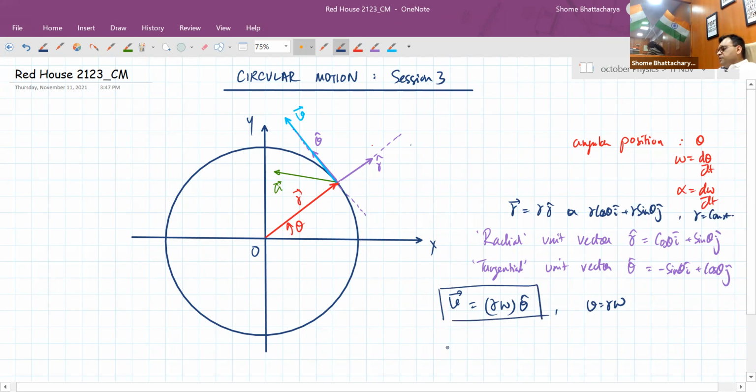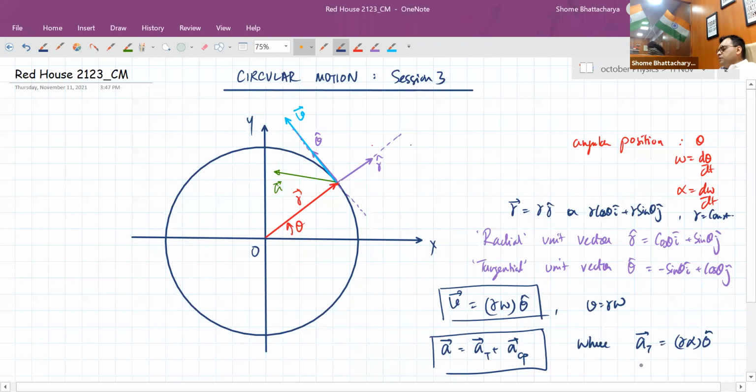And the acceleration vector we saw has, in general, two components, tangential plus centripetal, where the tangential acceleration is given by the relation r alpha along the tangential unit vector, and the centripetal acceleration is given by the relation minus r omega square r cap.